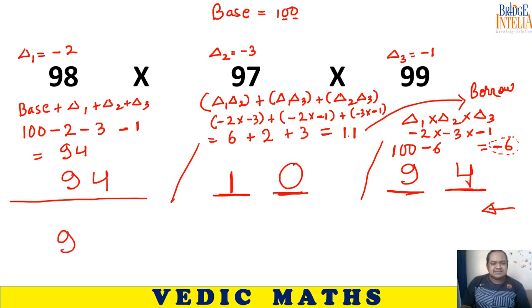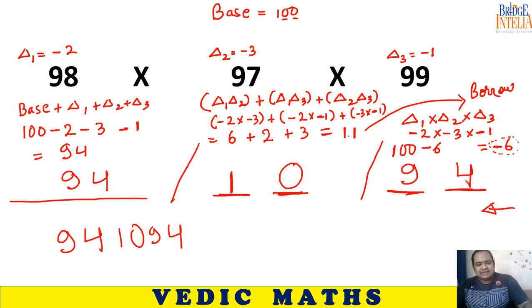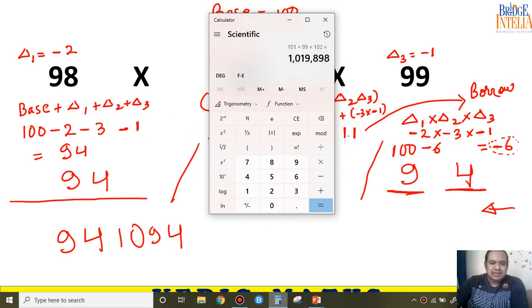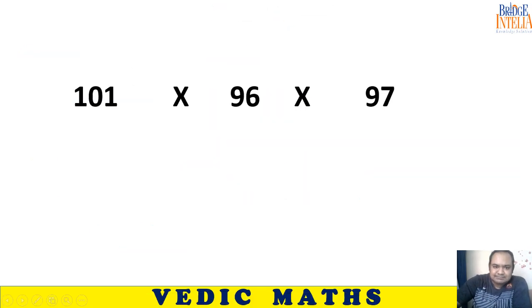So now our answer is ready: 941094. Let us verify using a calculator. 98 multiplied with 97 multiplied with 99. So 941094, you can see the answer matches.